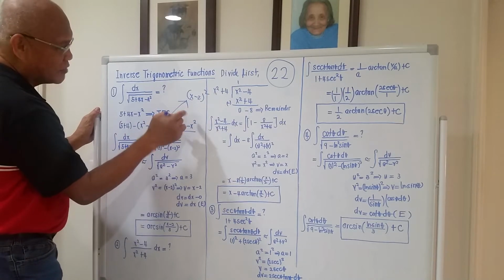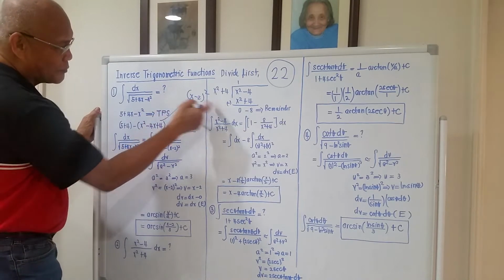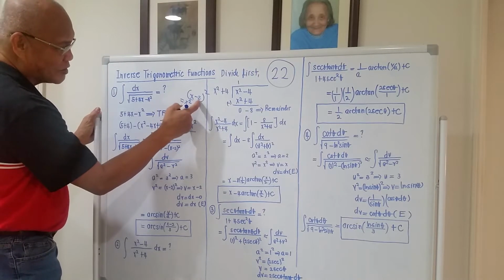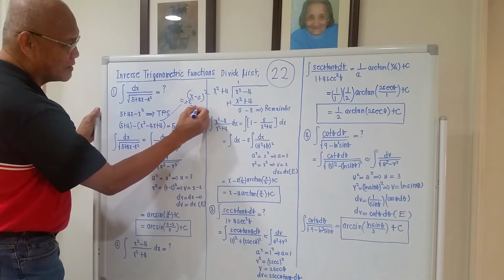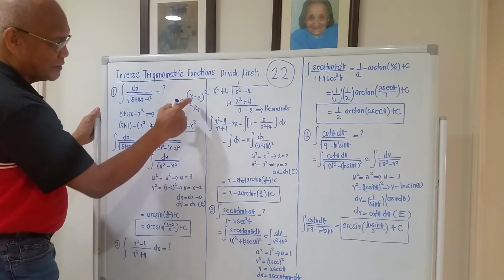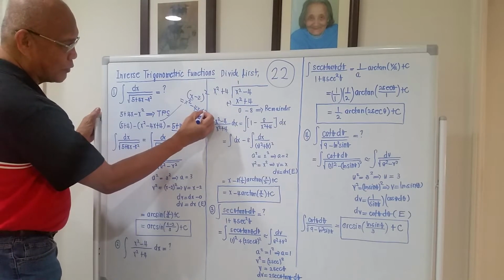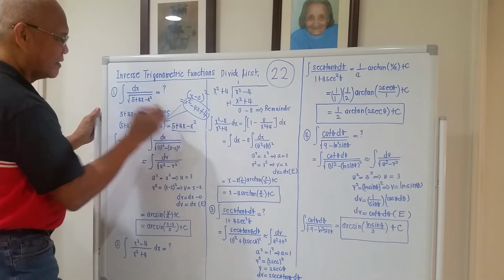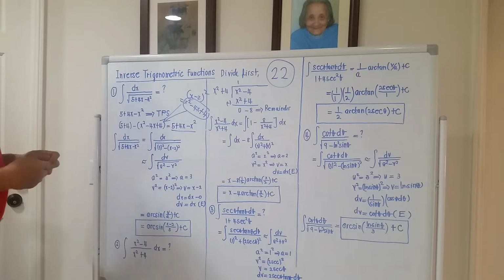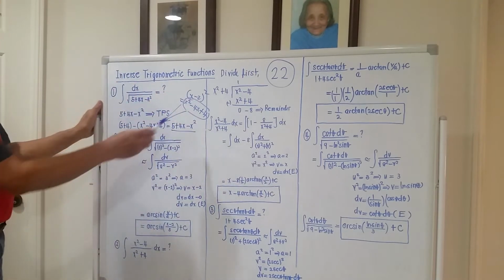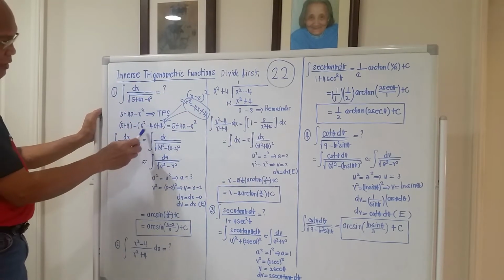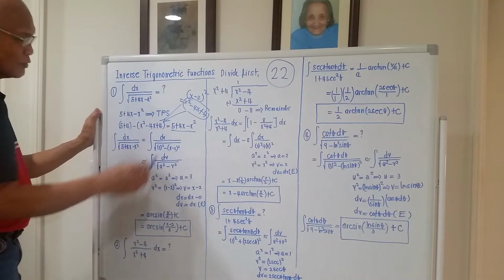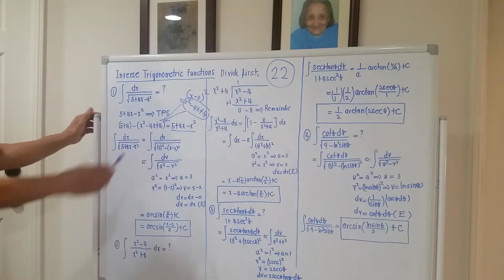Let's check. If we expand this, it will be equal to x squared. The middle term is minus 2x times 2, that is minus 4x. The pure constant is minus 2 quantity squared, this is plus 4. So x squared minus 4x plus 4 can be written as x minus 2 quantity squared. Why did I do that?